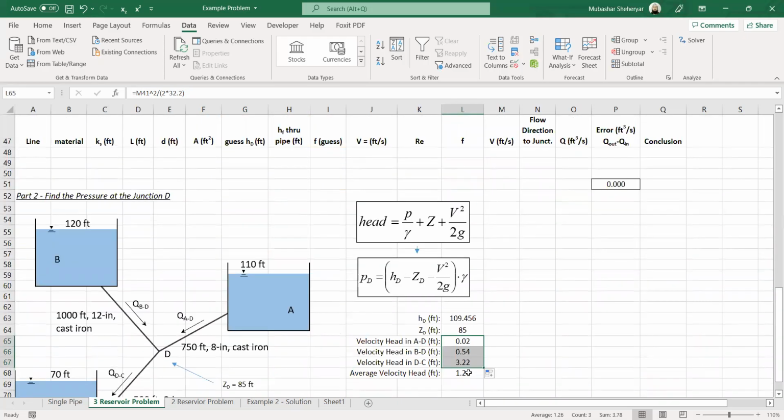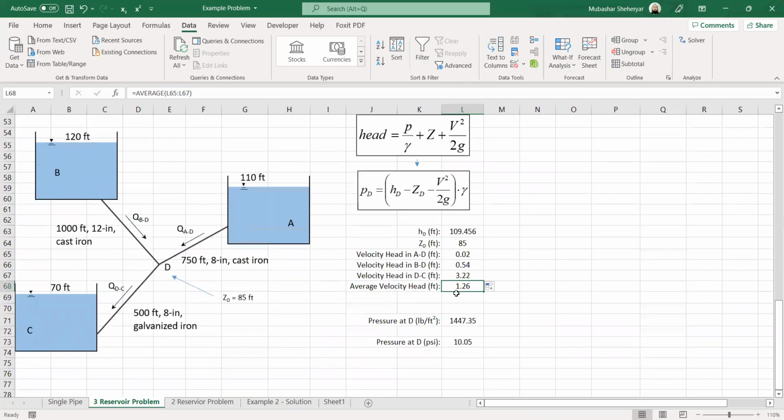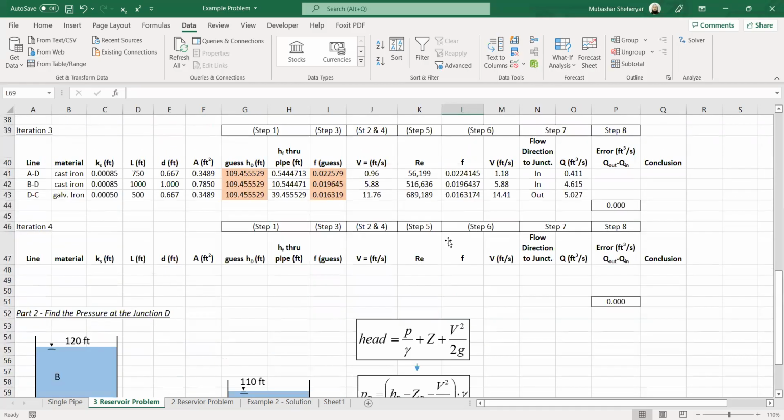So 1.26 is basically the average velocity head, by taking the average of these three values. Similarly, the elevation head is given to us. It is about 85, and the HGL we have calculated by guessing or by the problem as we solved earlier.